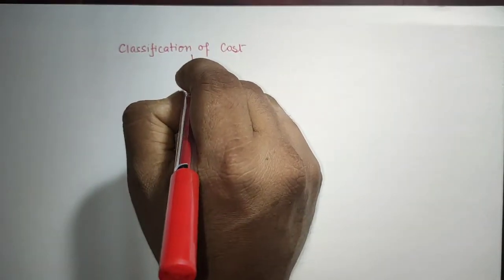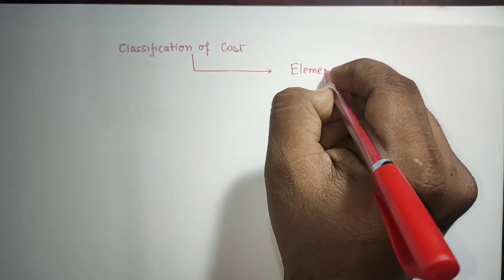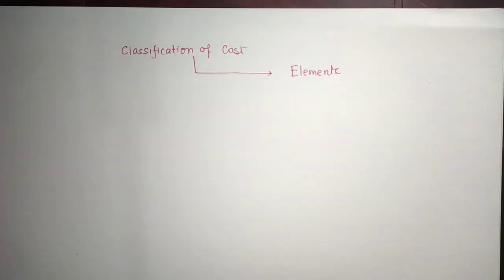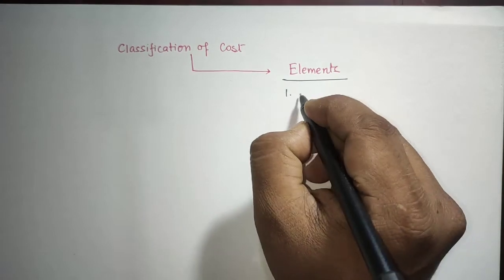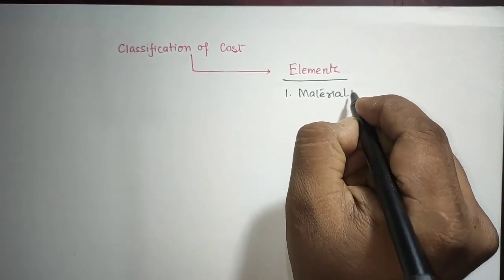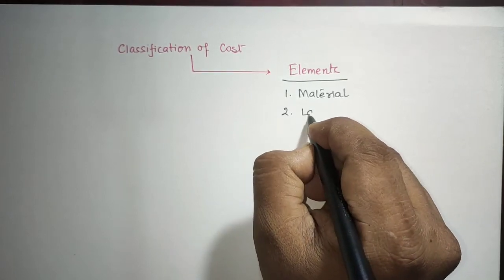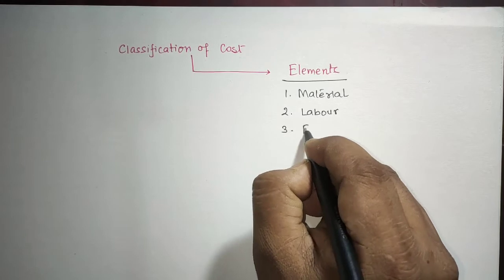So first of all, we divide it on the basis of elements. Now when you say elements, the costs included are number 1 material, number 2 labor, and number 3 expenses.